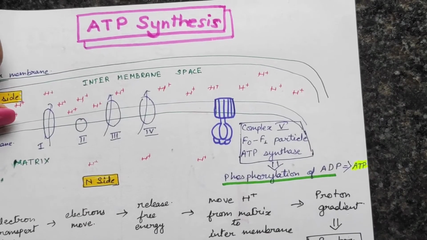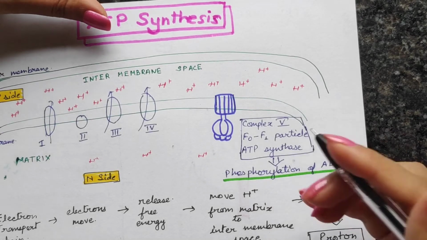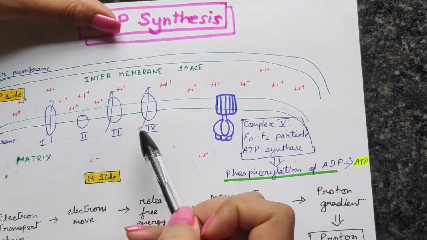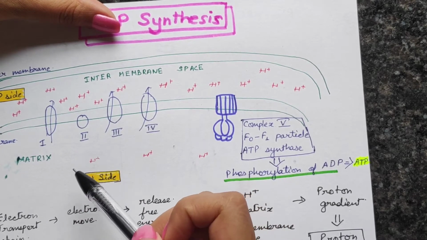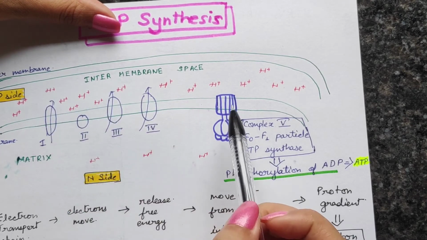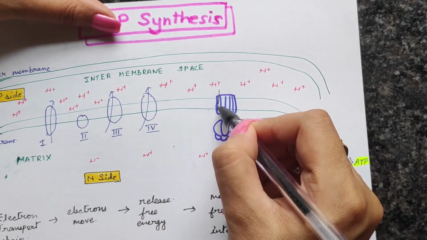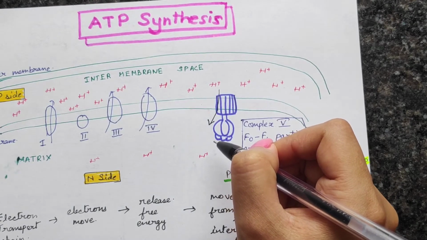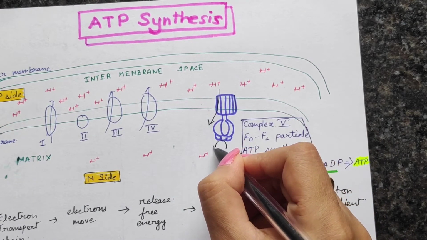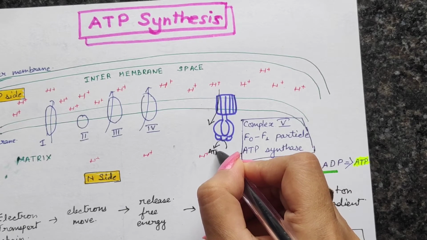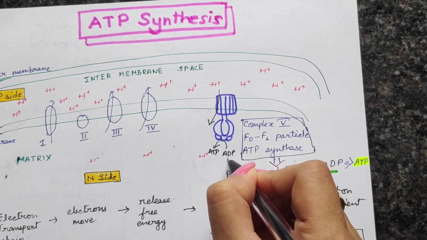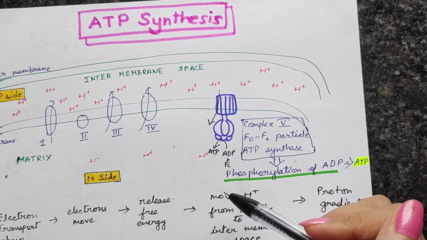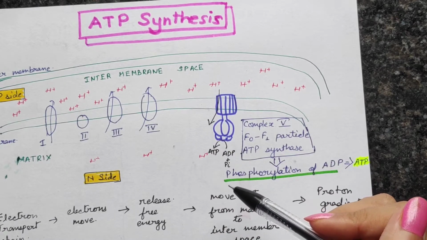So what happens is that from complex 1, 3 and 4, the protons are moving from the matrix side to the intermembrane side, but in the case of complex 5, the protons will move back to the matrix side and produce ATP from ADP and Pi. This is what complex 5, the ATP synthase, does.